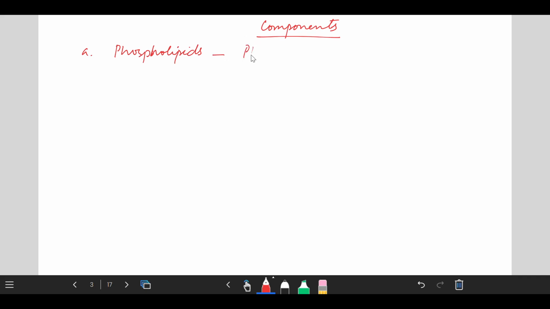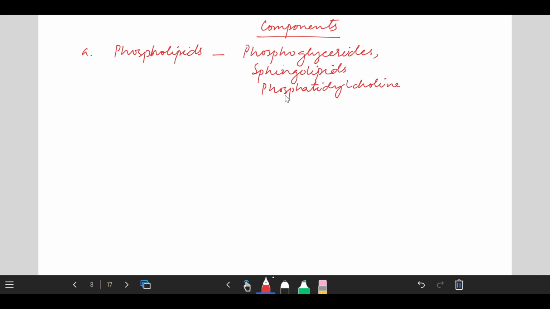These are phosphoglycerides, sphingolipids, and phosphatidylcholine. This type of phosphoglyceride, mainly phospholipid, is mainly used. The second component is cholesterol.